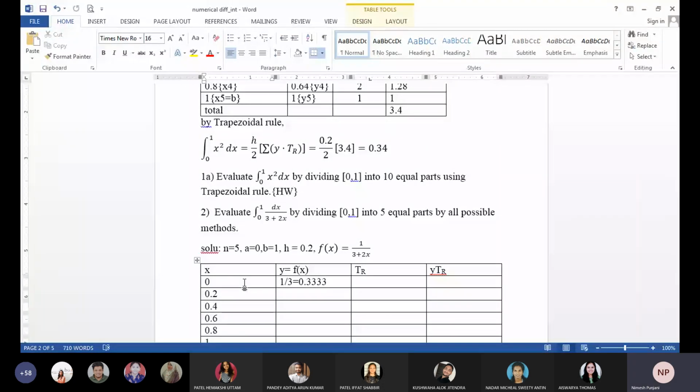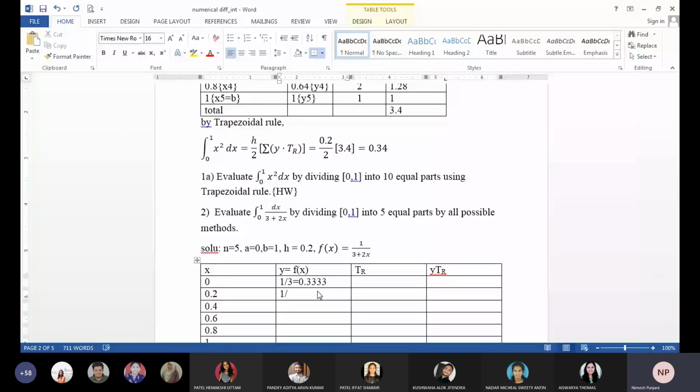So putting x as 0 in f of x, what do you get? 1 upon 3, that turns out to 0.3333. Fine? Now you put x as 0.2. What will I get? 0.2778.